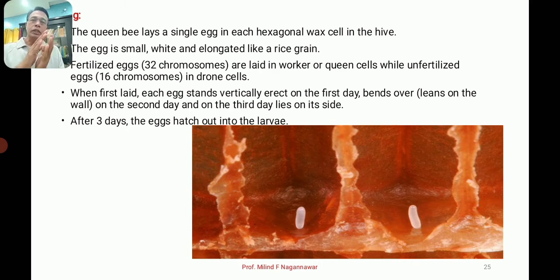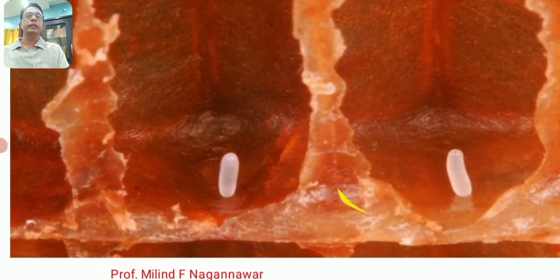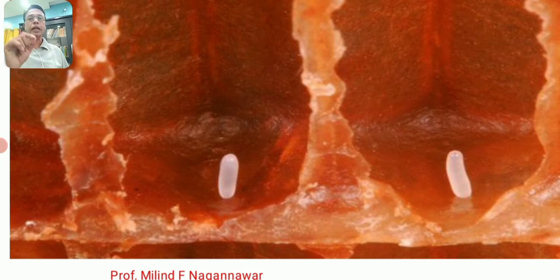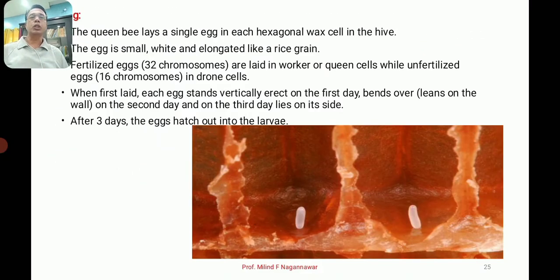And then on the third day it lies on its side. I will show you this here. These are the eggs. On the first day they stand vertical, on the second day they lean towards the wall, and on the third day they lie on their sides. Is it clear? Now the eggs will hatch into the larva.